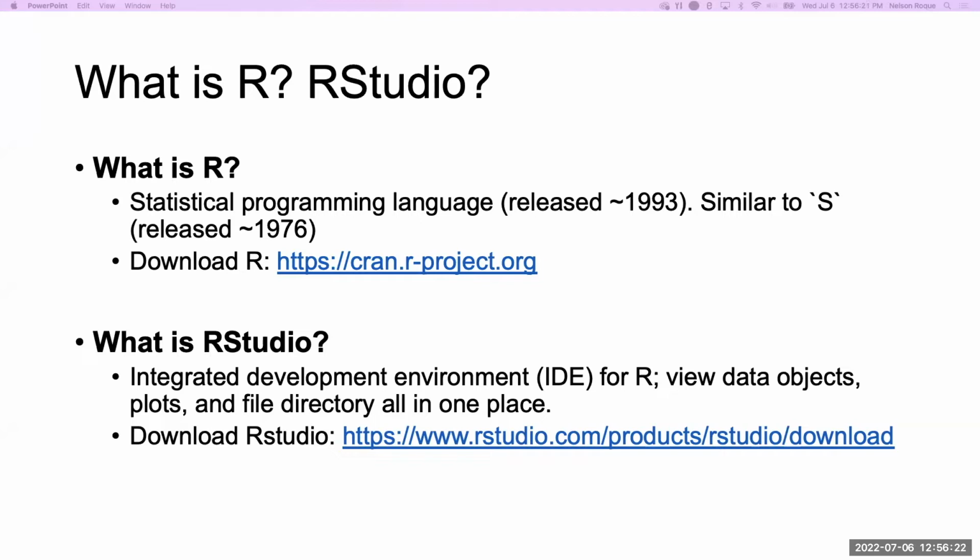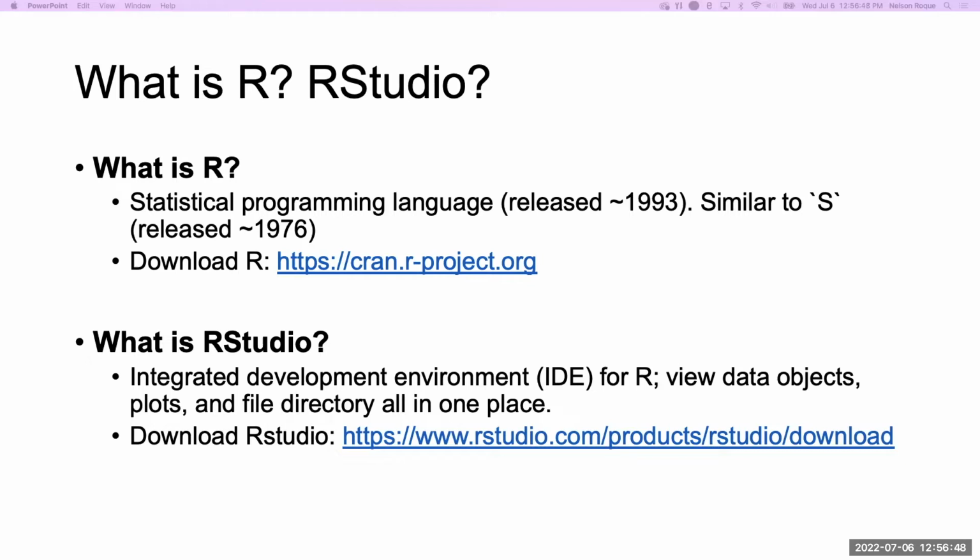What I also have on this slide is RStudio. So I want to take a minute to pause and describe how they work together. You can download RStudio, but without a version of R installed on your machine, all you have is an interface. You don't have anything that you can do anything with. And so this complement of RStudio and R allows you to have a graphical user interface to do things in R that would previously be only possible with code.